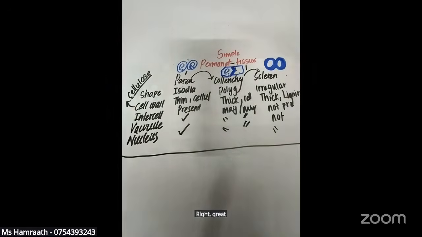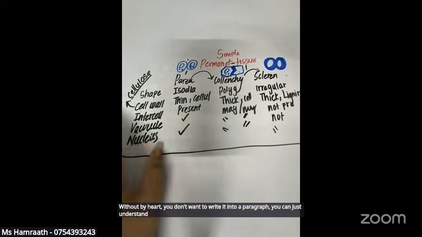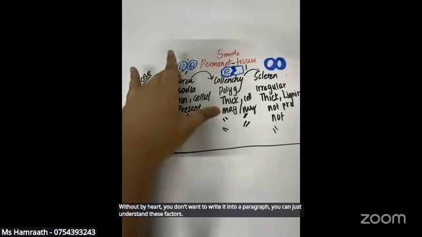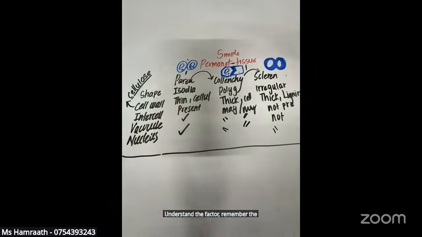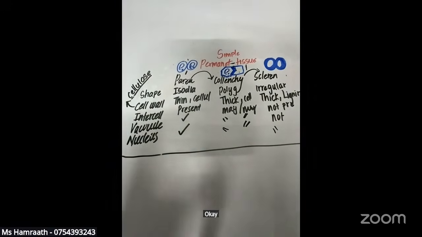You understood the features without by-hearting. You don't have to write it into a paragraph. Just understand these factors, remember the pictures of them, and you can answer simply without by-hearting. This is how you remember, right?